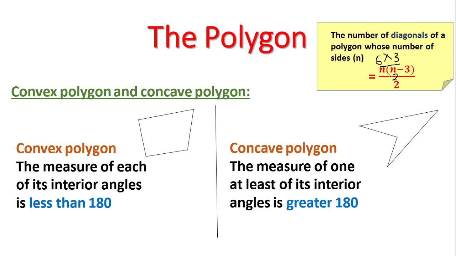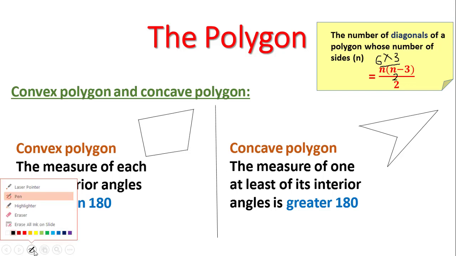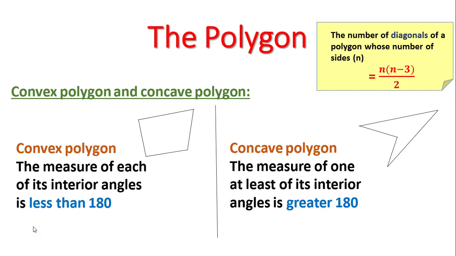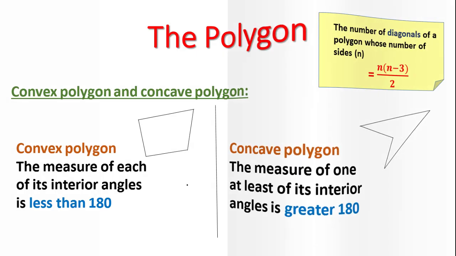It means 18 over 2 equals 9, and so on. So if you want to calculate the number of diagonals, you can use this rule: number of sides times number of sides minus 3, over 2. Okay, let's continue.